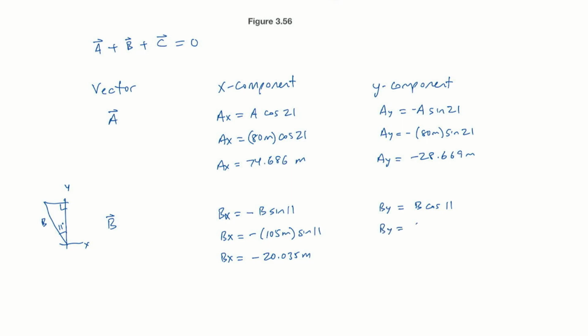Then BY is going to be B times the cosine of 11. So BY is 105 meters cosine 11 degrees. BY is 103.071 meters.